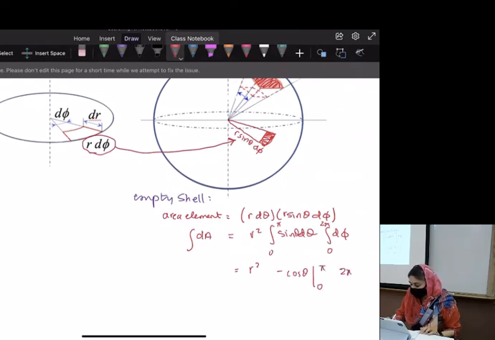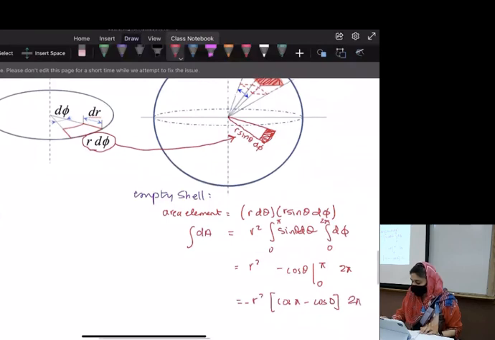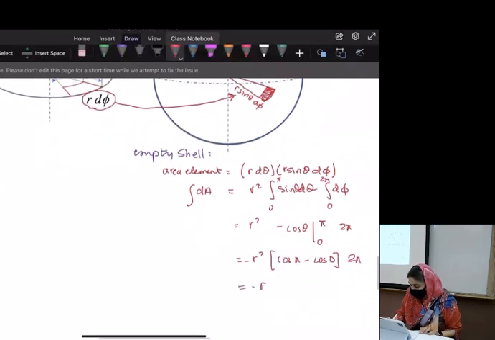And cosine will be, so this will be r squared times minus cosine of pi. Anyone remember what cosine of pi is? Isn't it minus 1? Yeah. Yep. So minus 1. And then it's r squared times 2 pi.